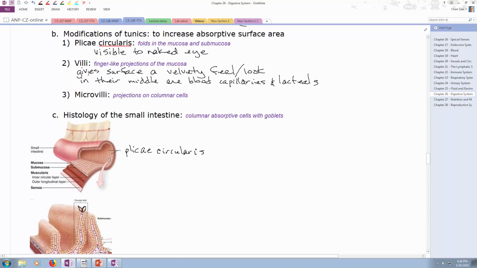Well, remember, those are surface modifications of our cell membrane, and so our notes say projections on the columnar cells, and obviously increase surface area significantly. And what's interesting, they actually have surface enzymes.